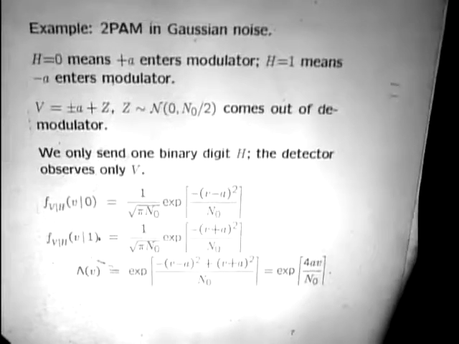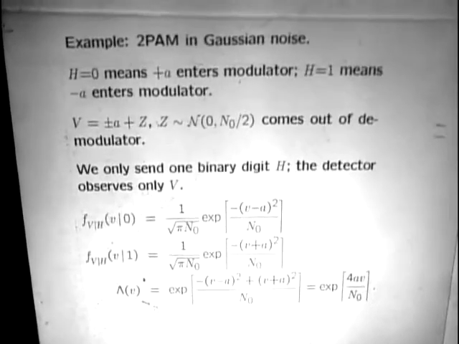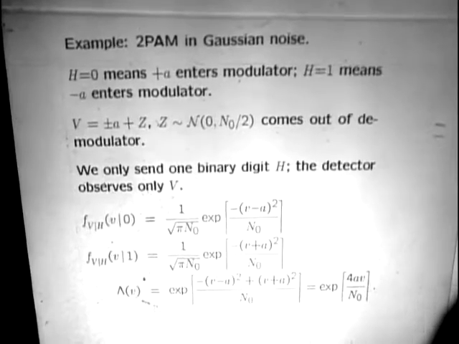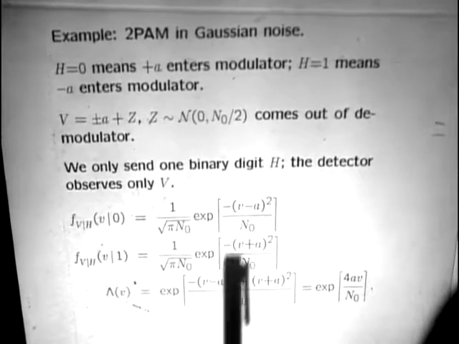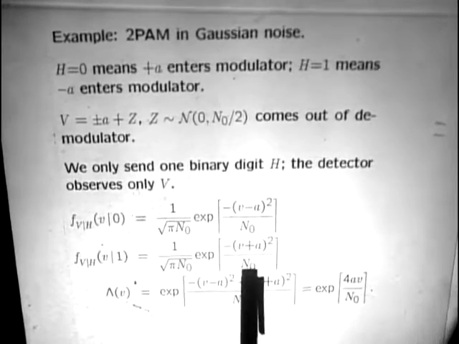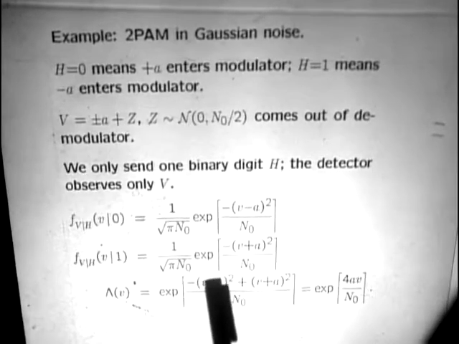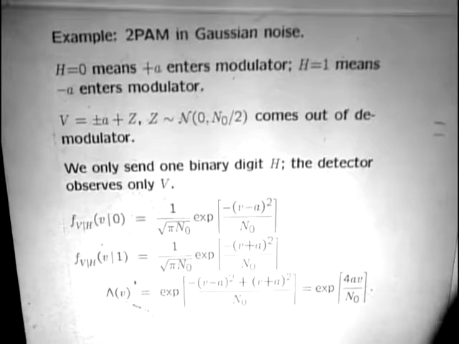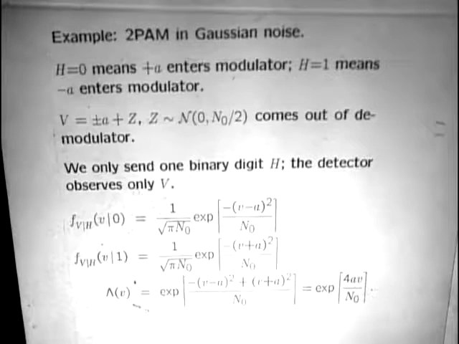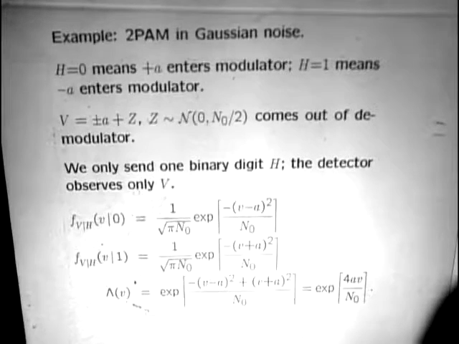Okay, so let's go back to do the arithmetic. Here are the two likelihoods. You take the ratio of these two things. When you take the ratio of them, what happens? And this always happens in these additive Gaussian problems. These terms cancel out.